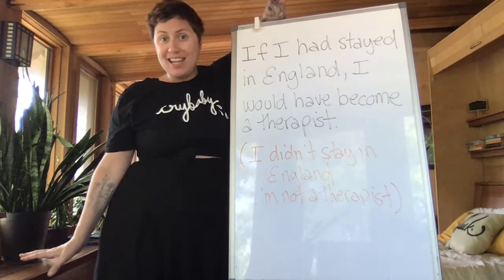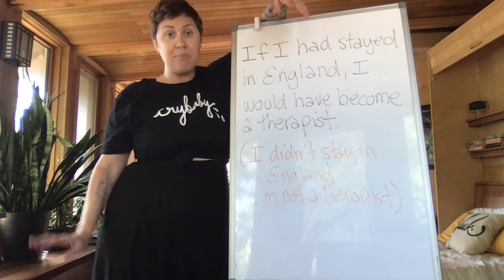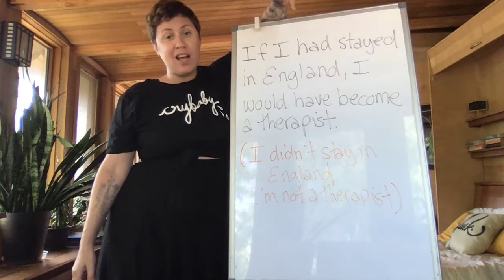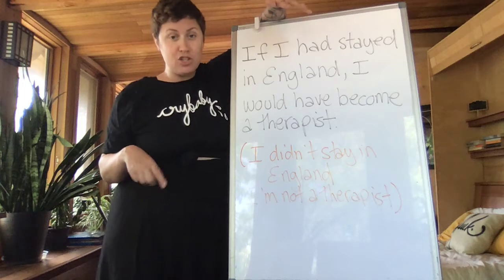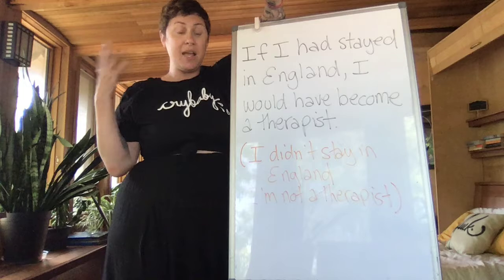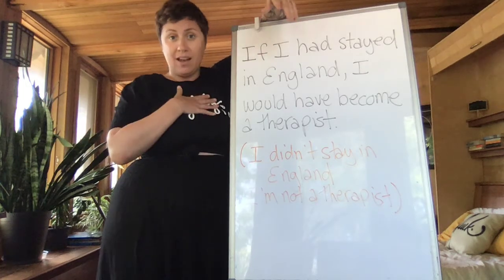But life changes, and for lots of different reasons, I had to move back to Canada before I could get my PhD. And as I explained to you guys before, my degree is not recognized in Canada. So I wanted to be a therapist in England, but I am not a therapist, and I now live in Canada.